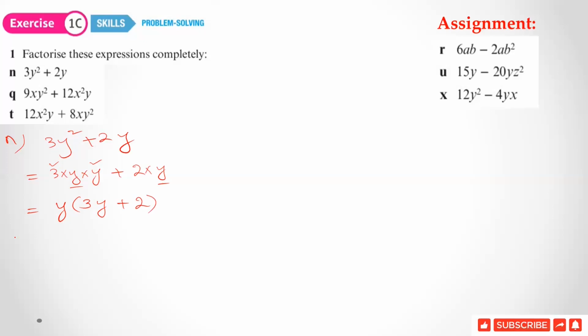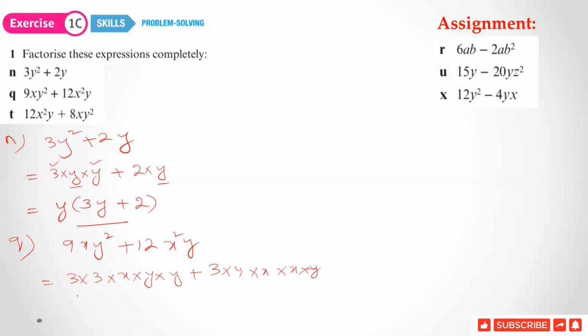Same way we can do question Q. 9xy square plus 12x square y. Again we split in the same way. 9's factors are 3 times 3 times x times y, plus 12's factors are 3 times 4 times x times y. Now we check which are common between these two terms.